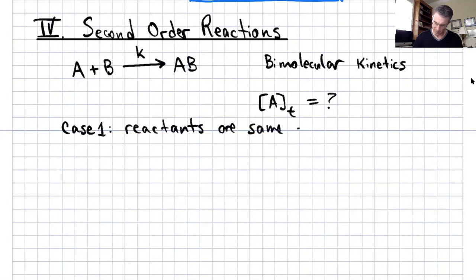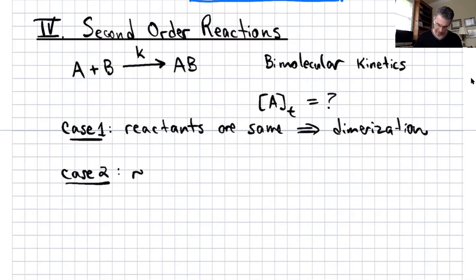Like I said, that would be equivalent to a dimerization process. Alternately, the second case is where the reactants are not the same. Explicitly not the same. And that one's a little more complicated.